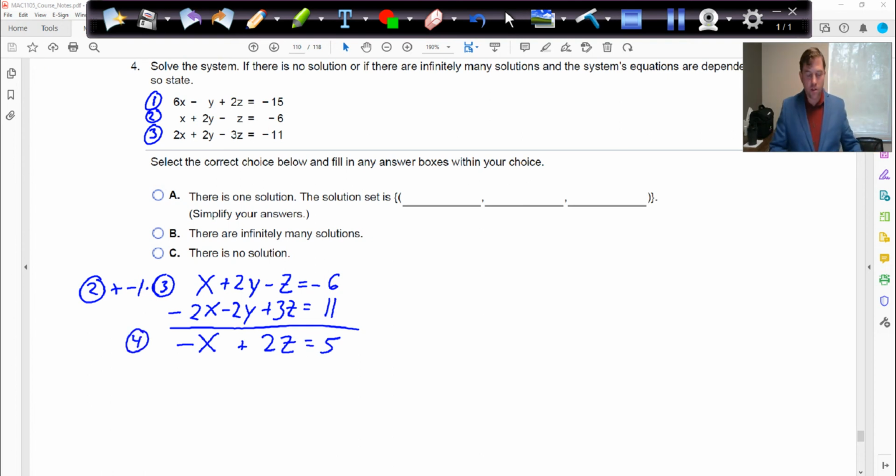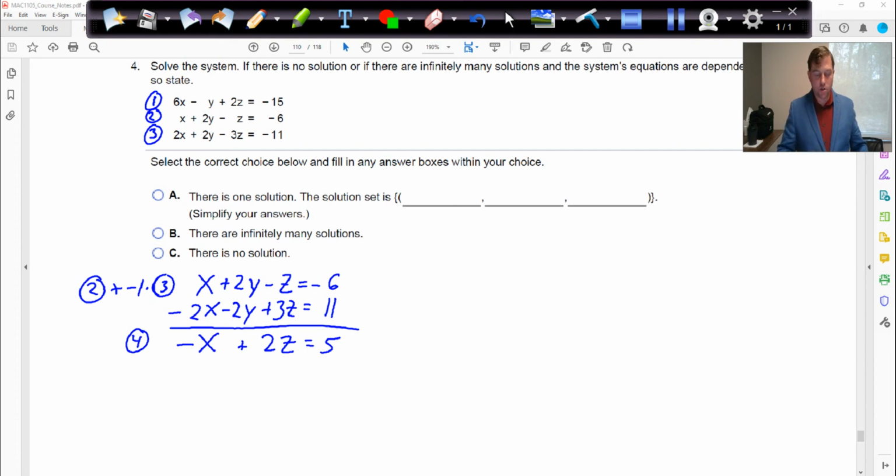So we still have two letters, and we're trying to get down to one letter equals a number, so I'm just going to write this as a new equation. We've made progress because we got rid of one letter, but we're going to have to do more work to get these down to one letter instead of two. So now we look back at the original three equations and we pick a different set.